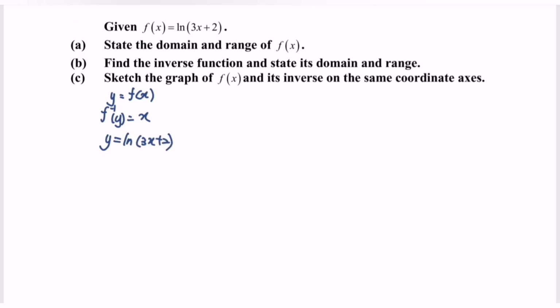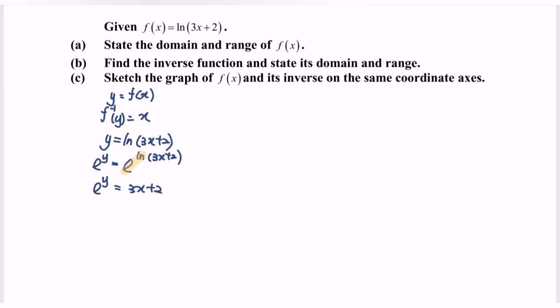Kindly express the situation in the index form. That means we have to exponentiate both sides, where we have e^y = e^(ln(3x + 2)). From here we can simplify and it will become e^y = 3x + 2.